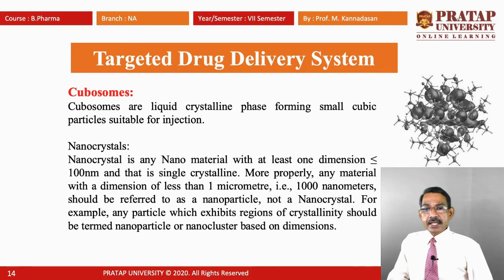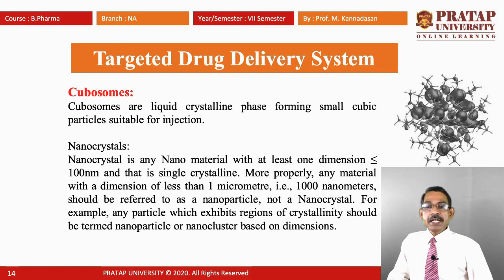Nanocrystals, just like cubosomes, are a nanomaterial with at least one dimension greater than 1000 nanometers, and that is single crystalline. More properly, any material with a dimension of less than 1 micrometer, that is 1000 nanometers, should be referred to as a nanoparticle, not a nanocrystal.